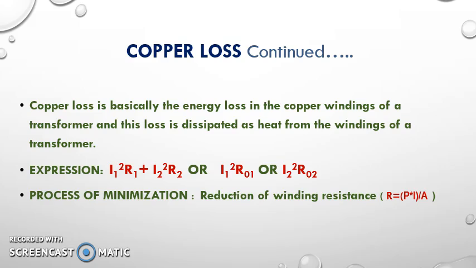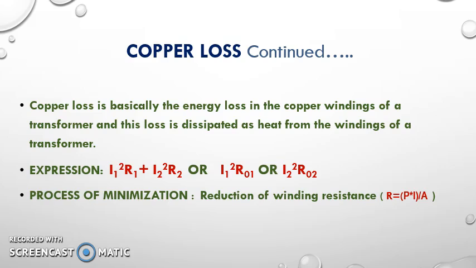And what is the process of minimization of the copper loss? The process is very simple. We have to somehow reduce the values of R1 and R2, that means the primary winding resistance and the secondary winding resistance.